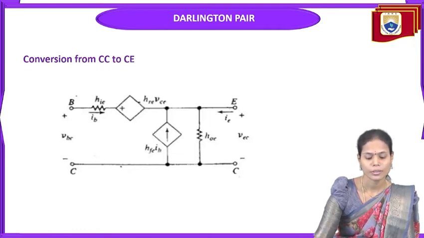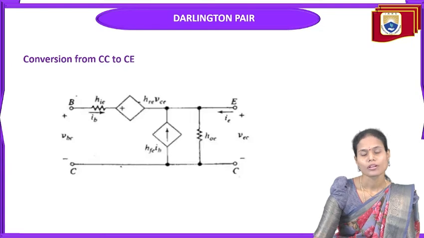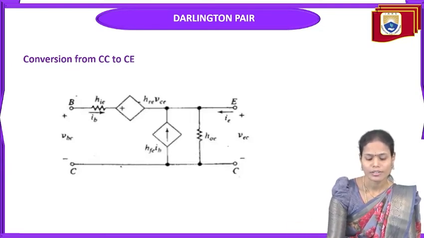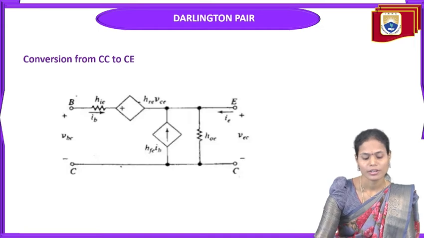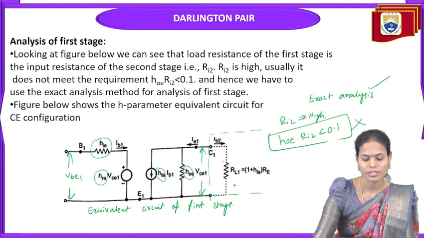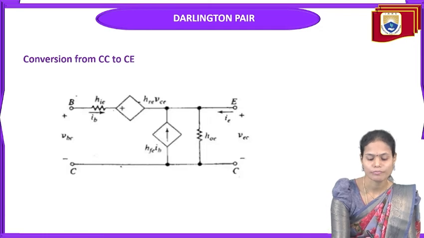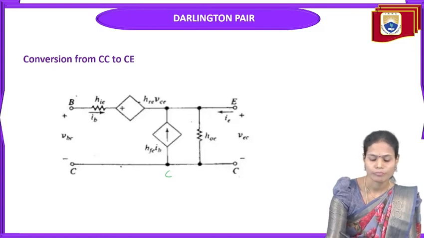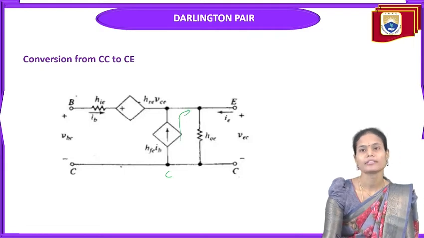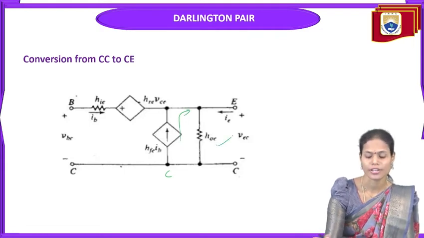For that purpose, we are converting the common collector to common emitter here. So this is the conversion circuit. If we compare this circuit with the previous circuit, HIE is again HIE only, but HRE VCE is shifted to here and the collector is grounded, and for HFE IB, the current direction is from collector to emitter, and the output parameter is HOE.